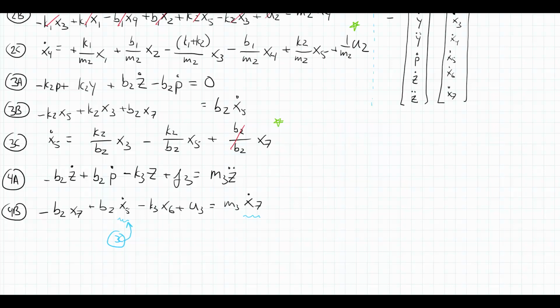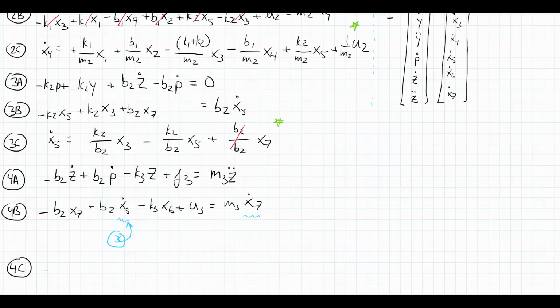So I can just substitute that in, and if we look at 3c, the right-hand side has only x3, x5, x7. It has no derivative terms. So I'm going to be able to eliminate one of my derivatives, x5 dot, by substituting in 3c. And I can get, I guess I'll call it 4c as I go forward using that substitution.